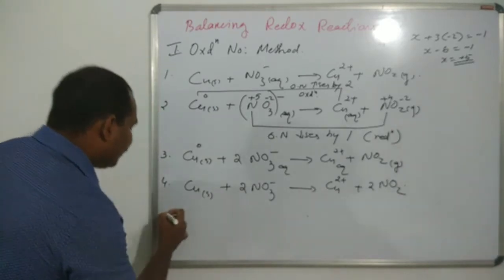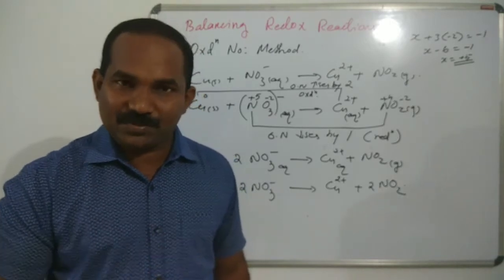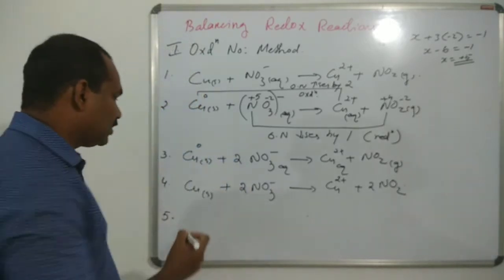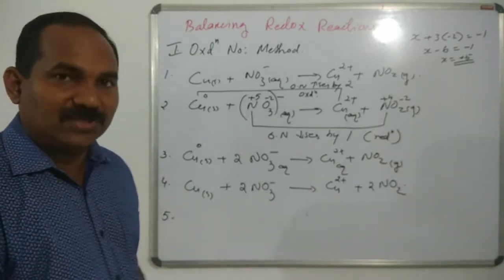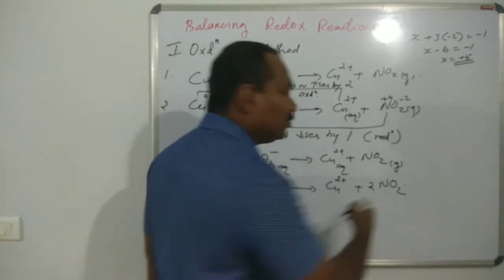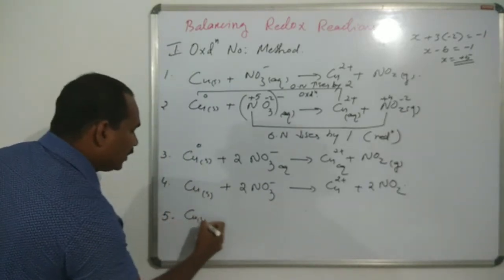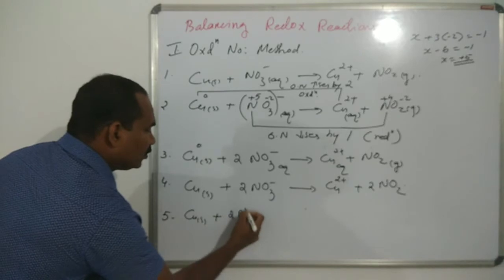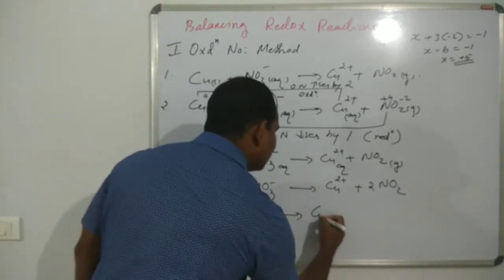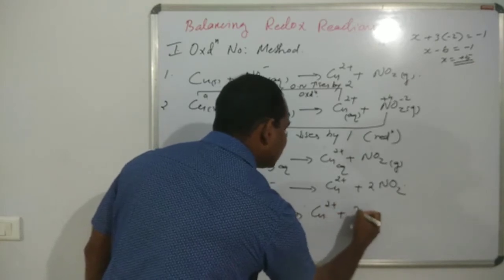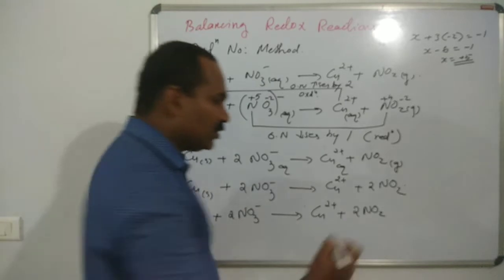Okay. Then the fifth step, balance the oxygen atom. So copper solid plus 2 NO3 minus gives Cu2 plus 2 NO2. How to balance the oxygen atom?